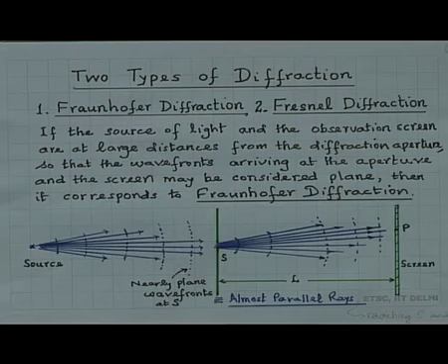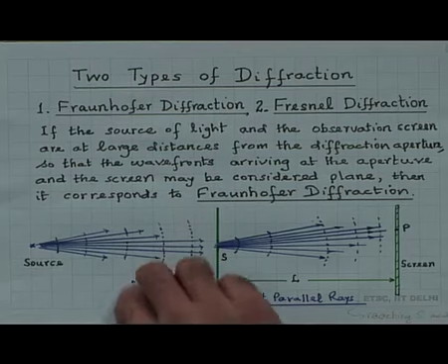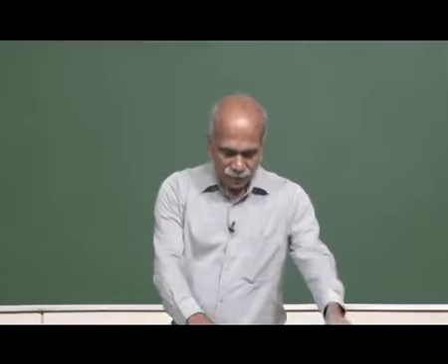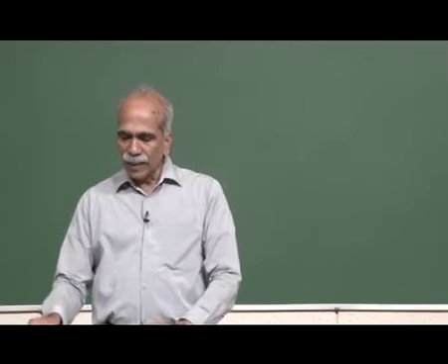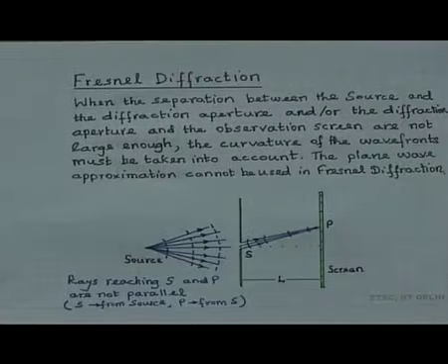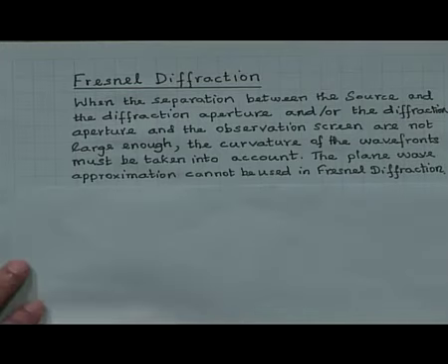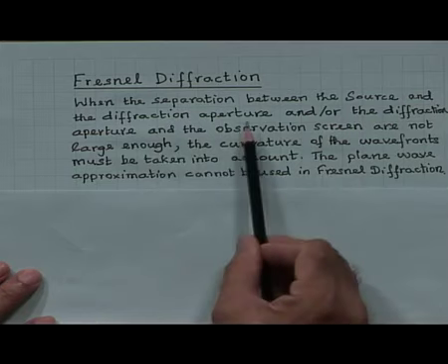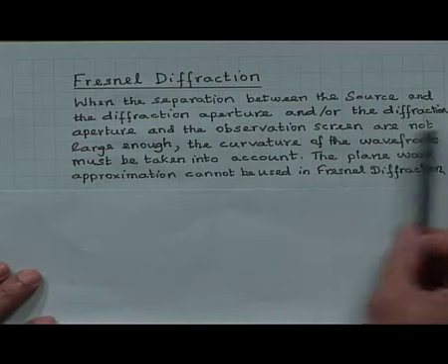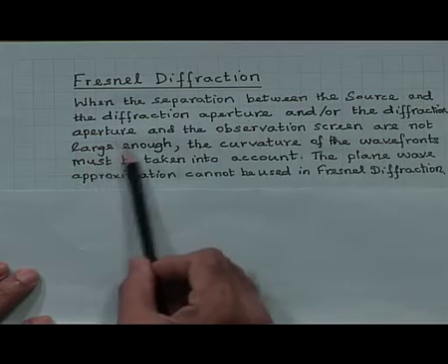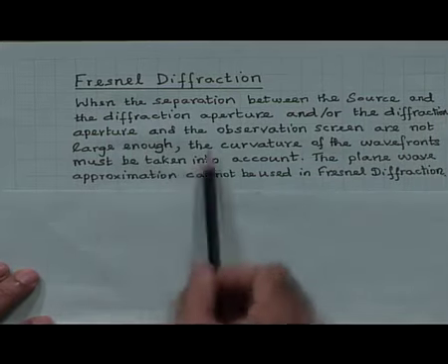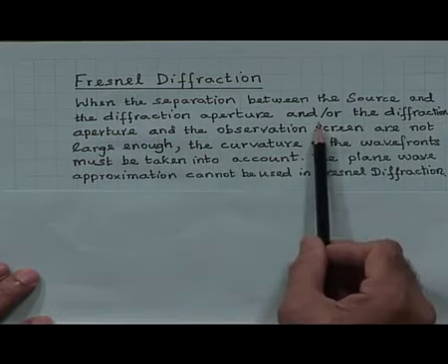So, almost parallel rays. Now, on the other hand, let us read again, when the separation between the source and the diffraction aperture, or the slit and the observation screen.